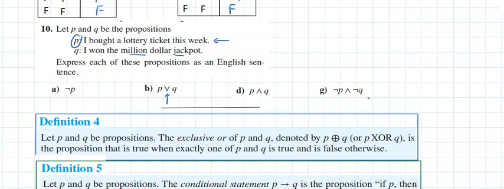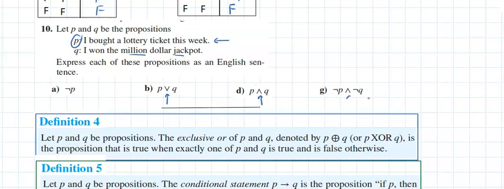When you're looking for OR, the disjunction, it says P or Q. That would read, either I bought a lottery ticket this week or I won the $1 million jackpot on Friday. This would be the same statement except you would say and: I bought a lottery ticket this week and I won the $1 million jackpot.